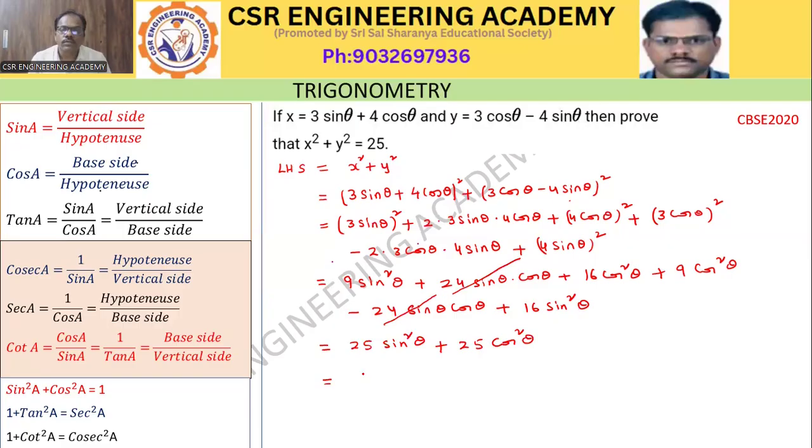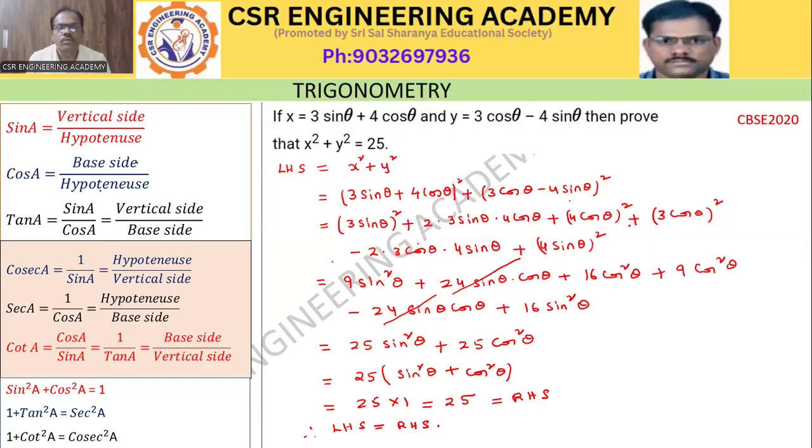Taking 25 common, 25 into (sin square theta plus cos square theta), and sin square theta plus cos square theta is equal to 1. So 25 into 1 is equal to 25, which is RHS. Therefore, LHS is equal to RHS.